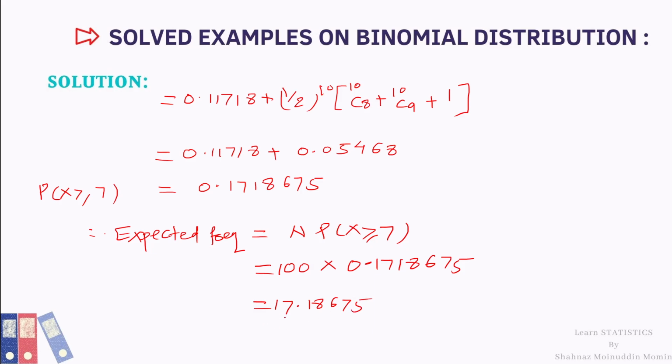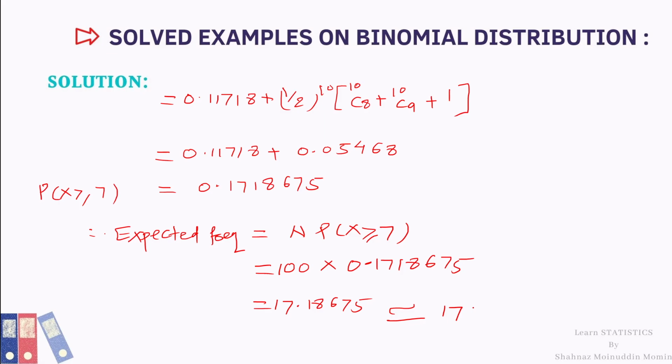As it is expected frequency, it is approximately 17, meaning out of 100 trials 17 cases are such that we get at least 7 heads. In this way, in this example, we learn how we decide in which case a binomial distribution exists.